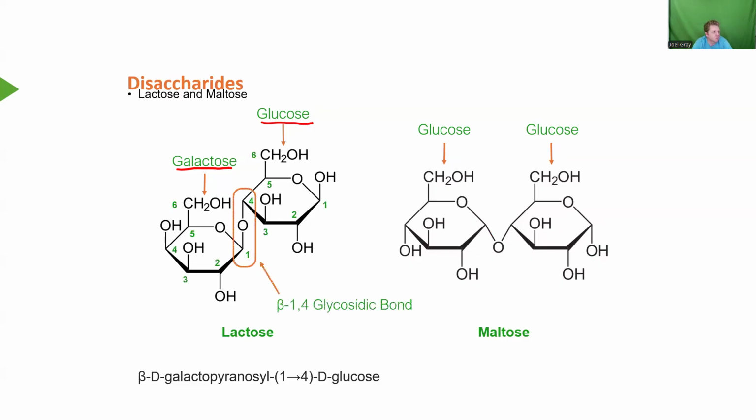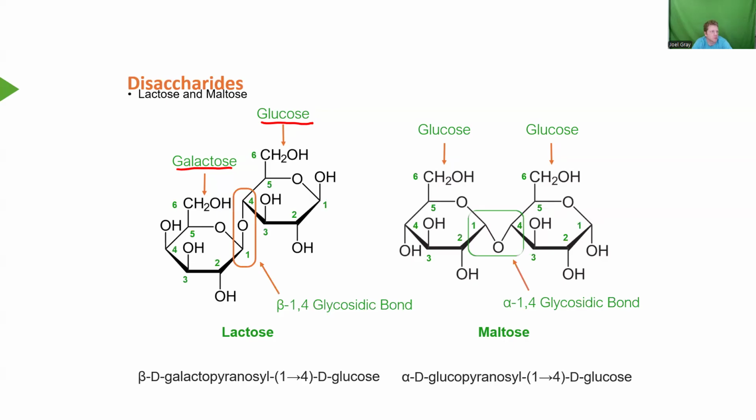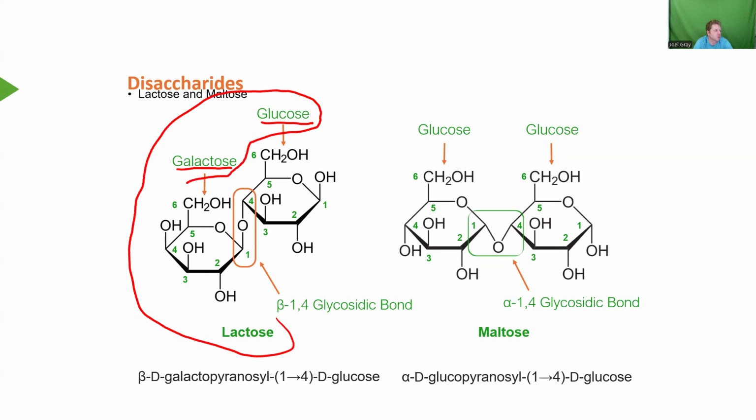And they're connected through, again, a glycosidic linkage. Now, the numbering here that's shown is an alpha 1,4 glycosidic linkage. That's between carbon number 1 and carbon number 4, where the bond is formed. Now, again, what I want you to know about this is that lactose is made up of glucose and galactose.